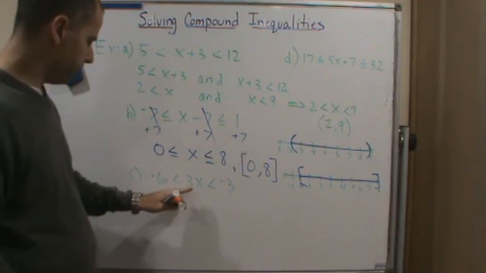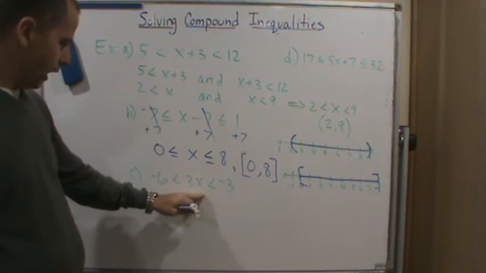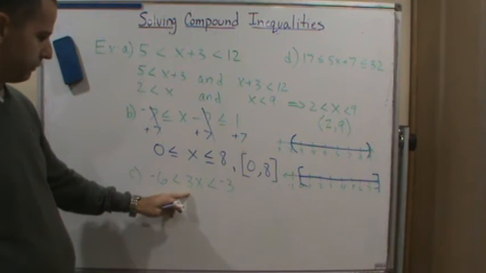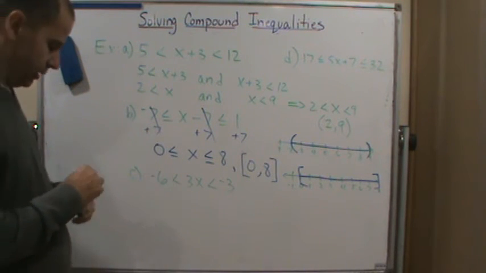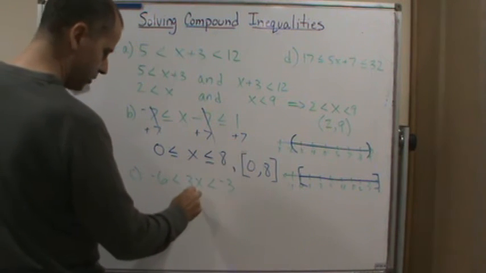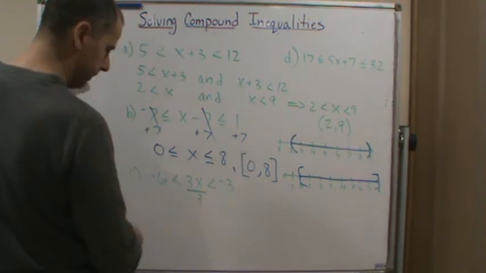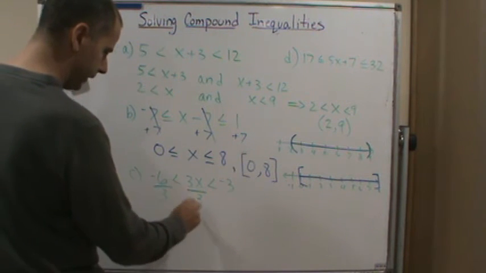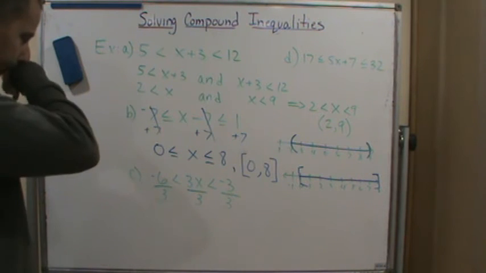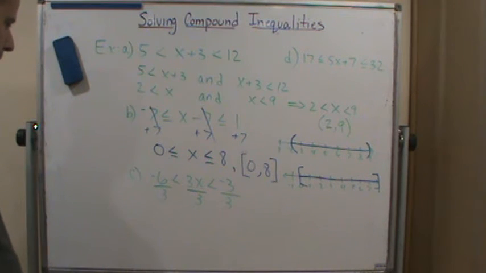Okay? Here, if I want to get the x by itself, what do I have to do here? Well, I'm multiplying by 3, so I have to divide by 3. So that I get a 1x, or just x. So if I divide this by 3, then I have to divide this by 3, and I have to divide this by 3. Okay?